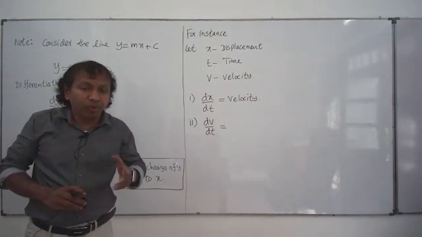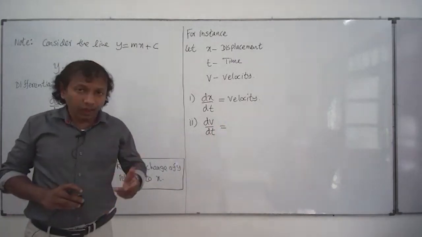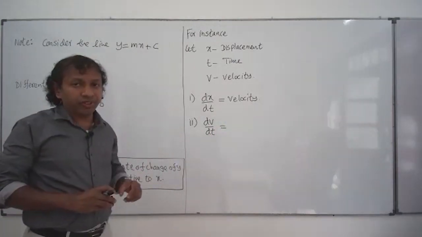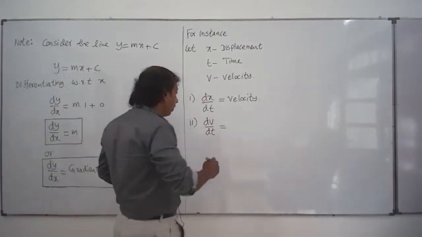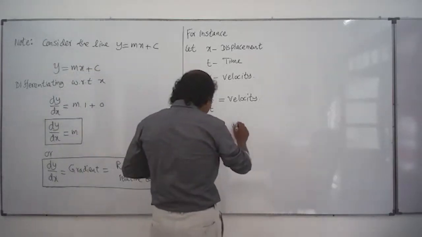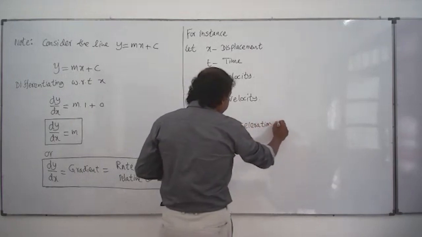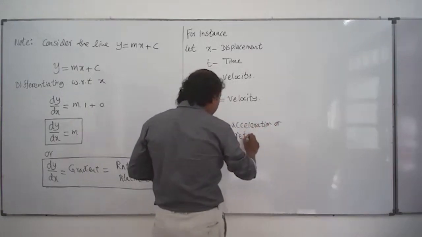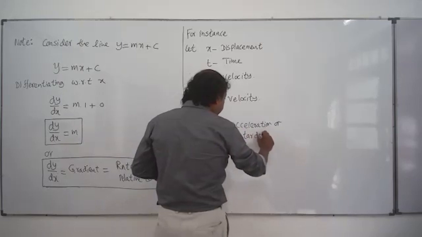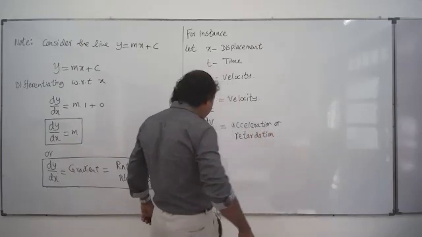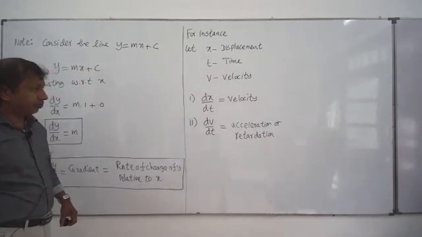If it is moving in the increasing direction, it is acceleration. Otherwise, it is retardation. So therefore, dv by dt is acceleration, or retardation.